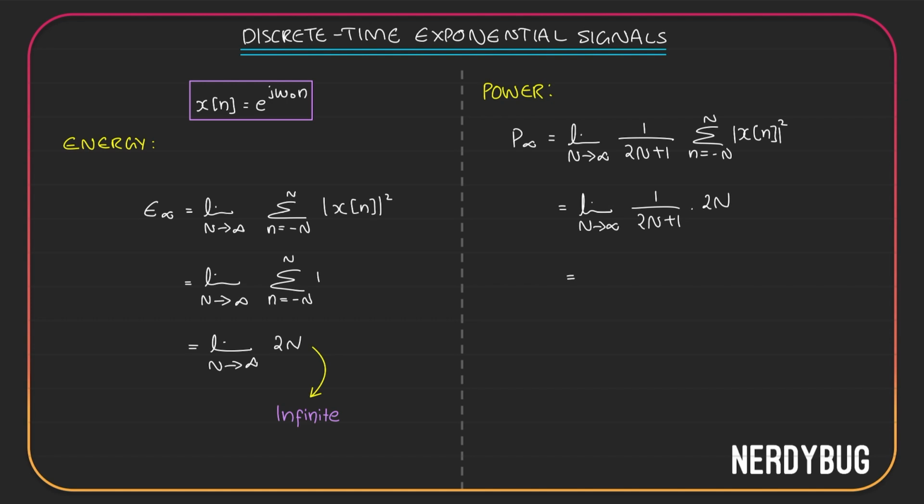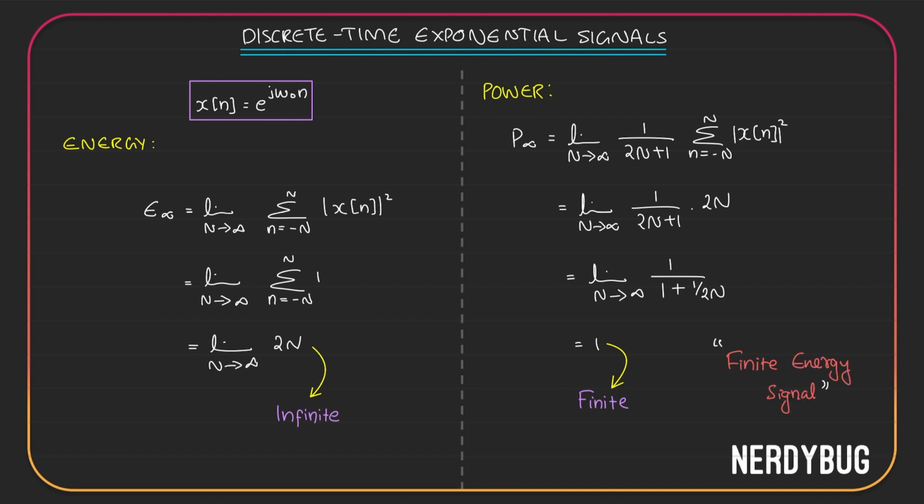Let's divide the numerator and denominator by 2N, which gives us limit N tends to infinity of 1 plus 1 by 2N over 1 plus 1 by 2N. If N is a very huge number, then 1 by 2N will become 0, 1 will still be 1. So this is actually equal to 1, which means power is finite. And when power is finite and energy is infinite for a signal, we call it a power signal.